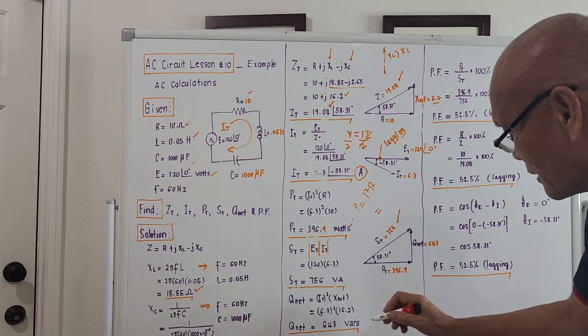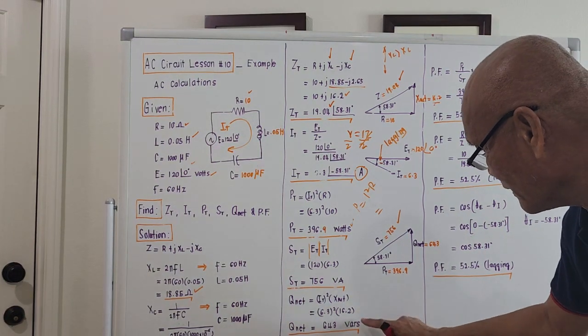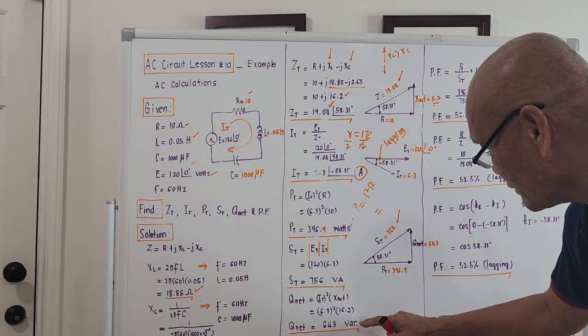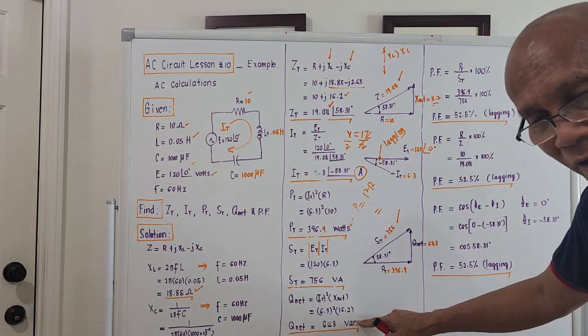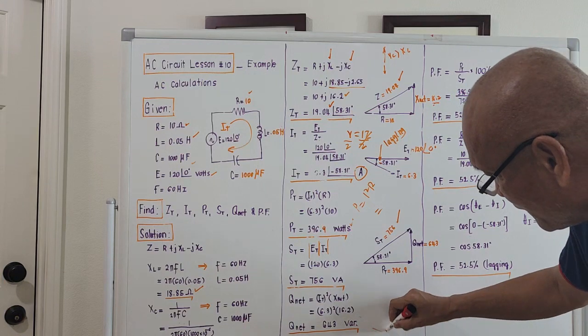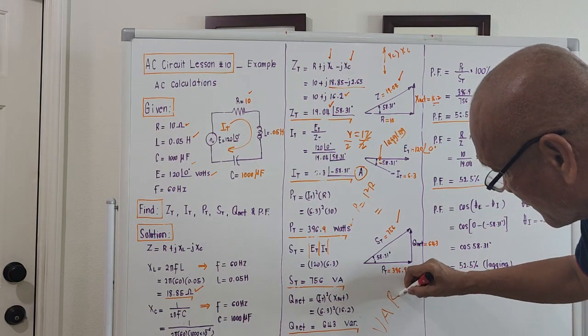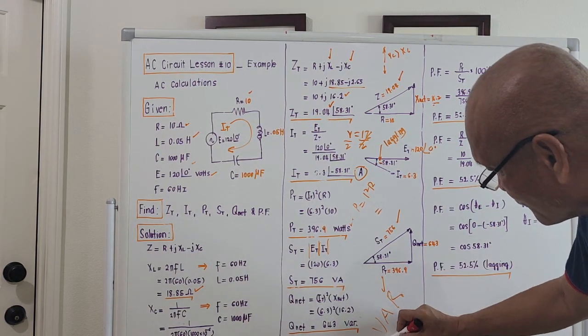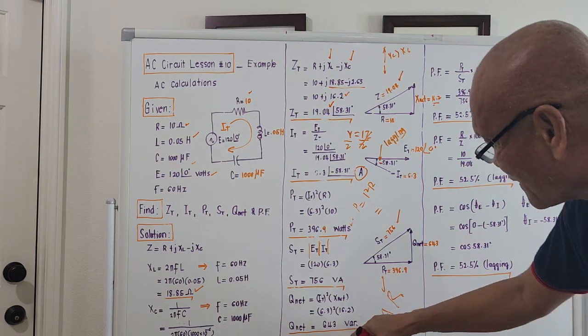It is 643. Okay, it is var. This represents reactive volt ampere. So the meaning of var, okay, this is reactive volt ampere. That's why it is var.